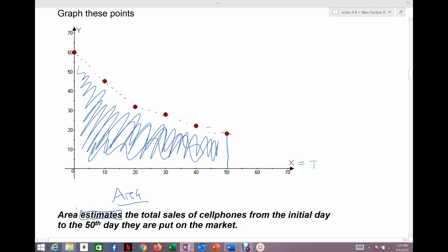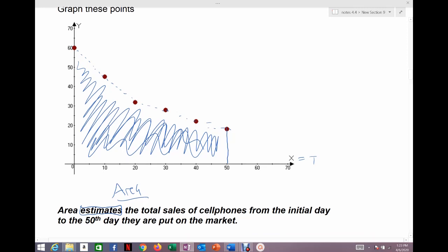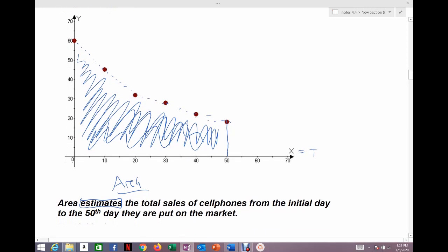But based on our limited statistical data, it can give me a pretty good approximation of how many phones they would expect to sell. That's what this is. This would give me the total sales for our cell phones over the 50-day period. That's what that area represents, based on my 10-day increments of my rate of sales. So we want to find that area.